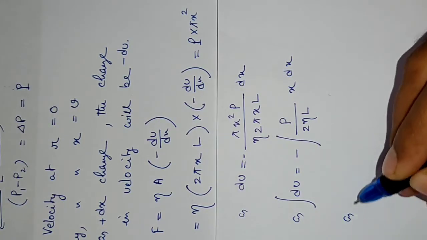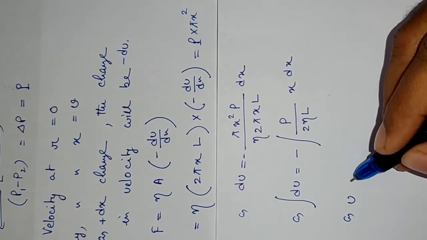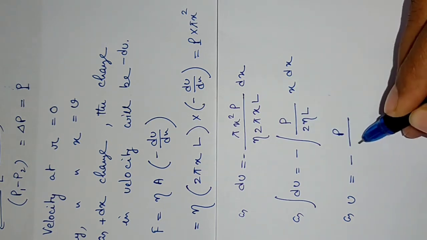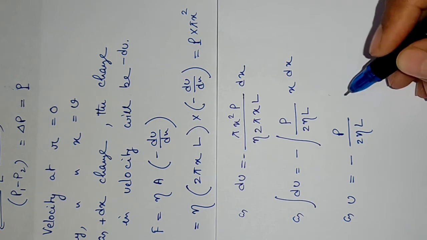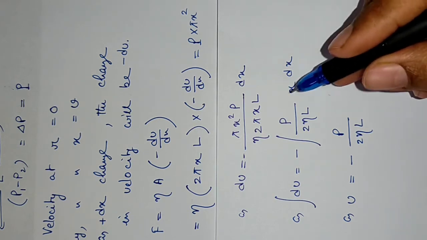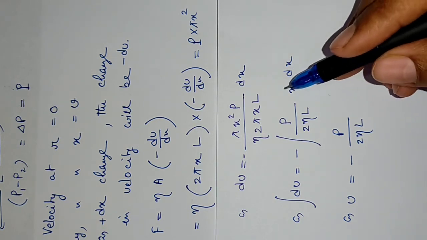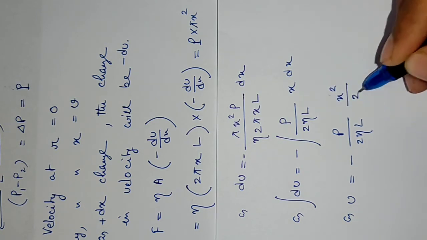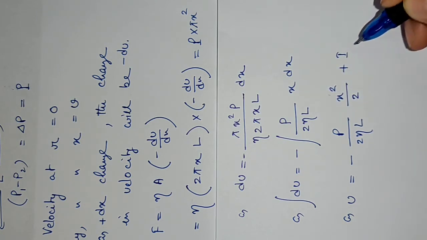So integrating, we will have v here, and here this constant will come out, P upon 2 eta L, and this is x dx, so its integration will be x to the power 1 plus 1 by 1 plus 1, so it will be x square by 2. Now this is the integration constant I.